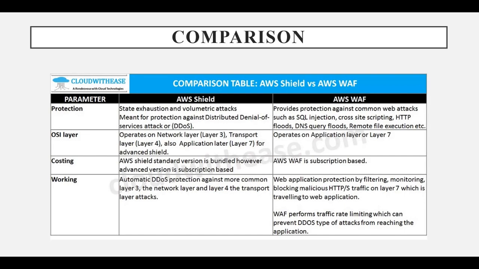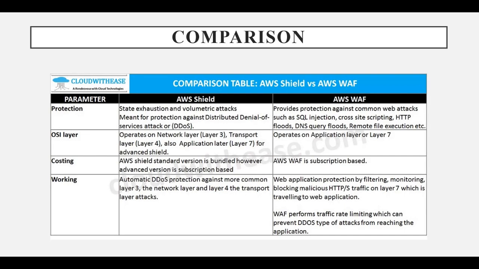Starting with protection, the WAF protects against common web attacks such as SQL injection, cross-site scripting, HTTP floods, DNS query floods, or remote file execution. AWS Shield handles state exhaustion and volumetric attacks, protecting against DDoS, distributed denial of service attacks.